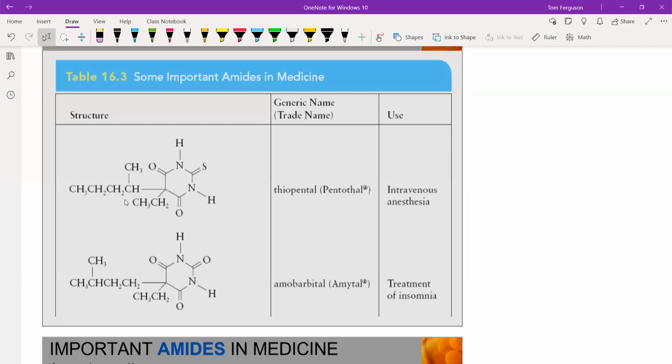Thousands. If you look at this amide, amide, amide, amide, amide, you need to be able to recognize those N-C=O linkages. Because to make that, you would put together an acid chloride for this piece and the ammonia part for that piece.